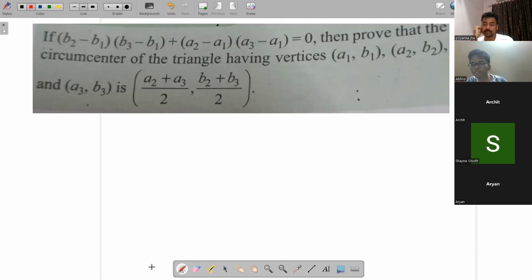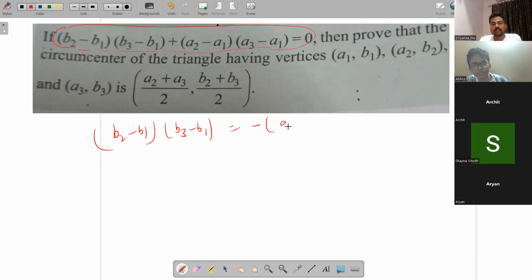नहीं आया ना? See, this condition is given. Just look here: b2 minus b1 into b3 minus b1. Bring this to the right side, so minus a2 minus a1, a3 minus a1. These three are vertices of a triangle.